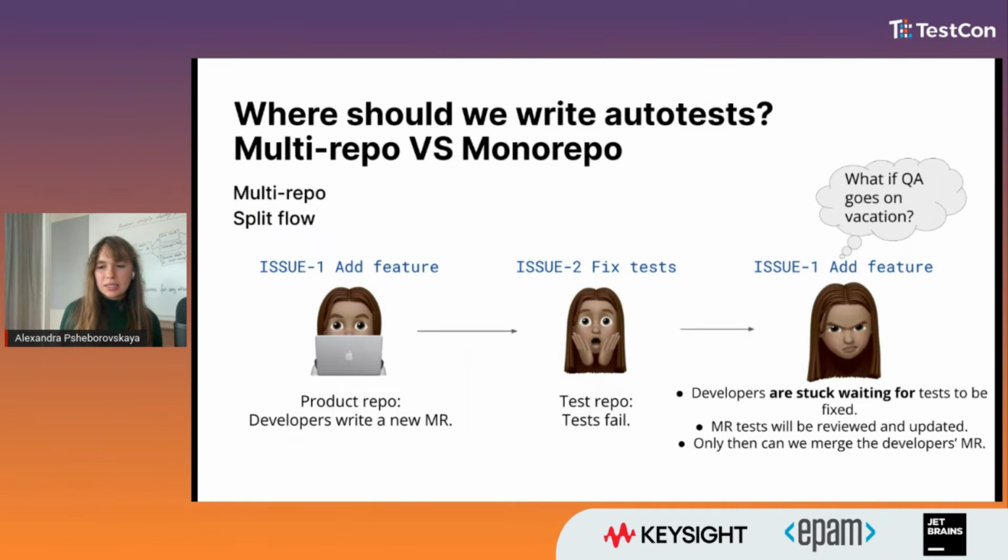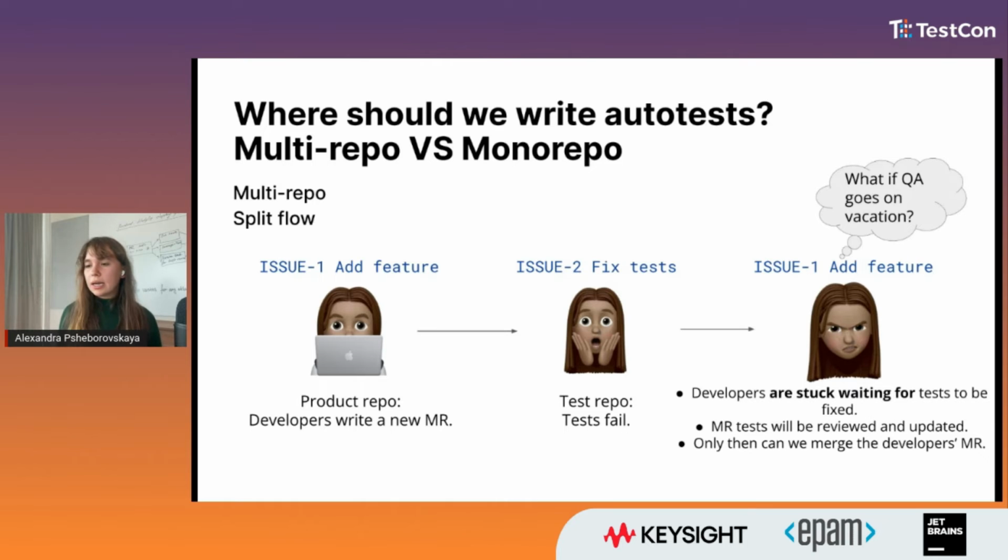Once we have chosen our programming language, we next need to decide where to write the tests, with the product code or in a separate repository. So let's look at the difference between the approaches, starting with a split flow, which is when the product code and tests are in different repositories. In this case, the developers write a new feature and create a new merge request.